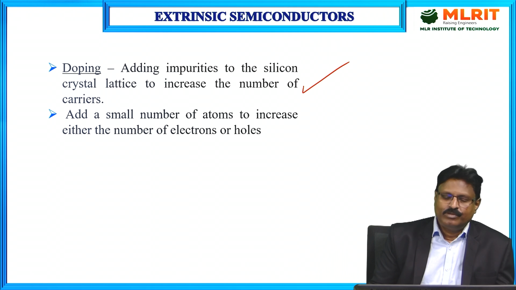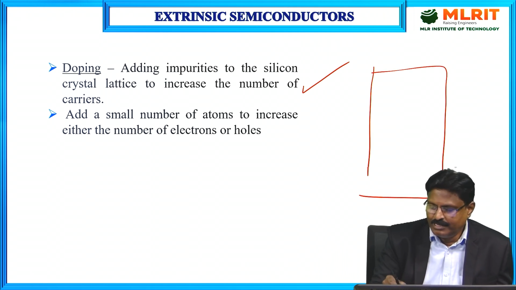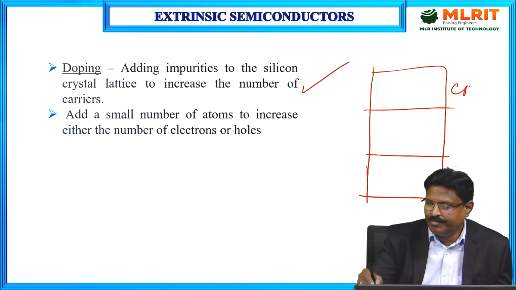As I already said, the total conduction in the intrinsic semiconductor is by two carriers. This is the valence band and this is the conduction band.